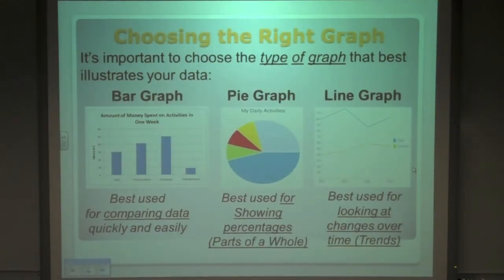Pie graphs are usually used when we're looking at percentages or parts of a whole. And then line graphs are usually used when we're looking at changes over time. How something's going to increase or decrease over a specific time period, whether that's seconds, minutes, hours, days, months, years, or whatever that may be. These are the three major types. There are other types of graphs out there, obviously, but these are the graphs that we will usually use in science.